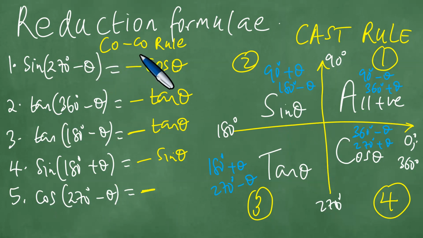The co-co rule applies here because it's 270, and it's going to change cosine. The co-co rule says if you have a co, remove the co. If you have cosine and you remove the co, you're going to be left with sine theta.